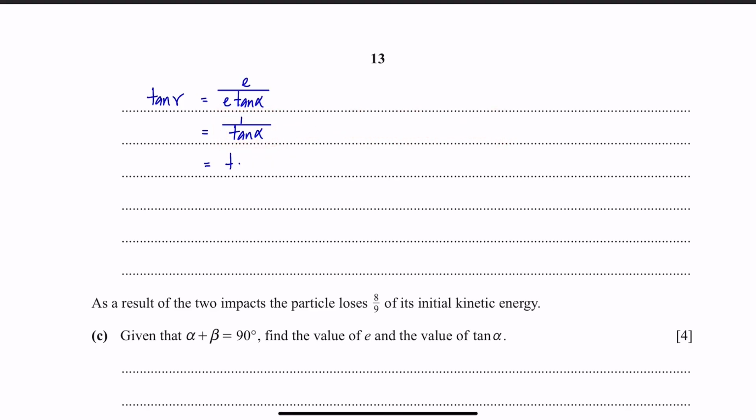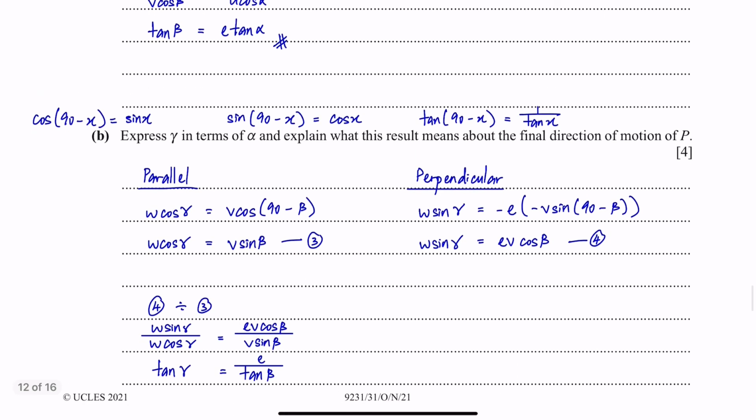So we have tangent 90 minus alpha. And now we know that gamma is equal to 90 minus alpha. So this is what the question means by find the value of gamma in terms of alpha.